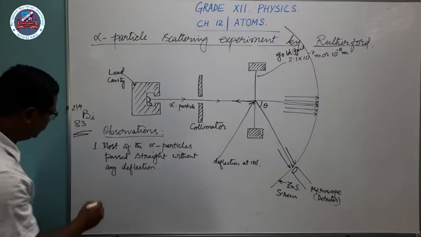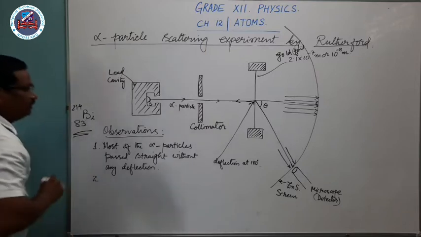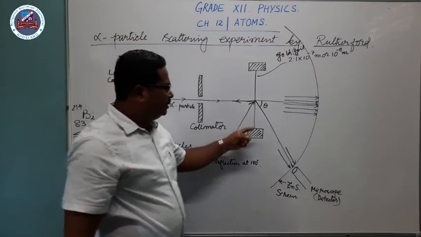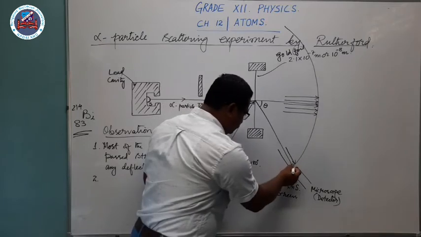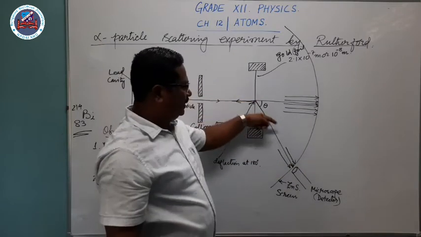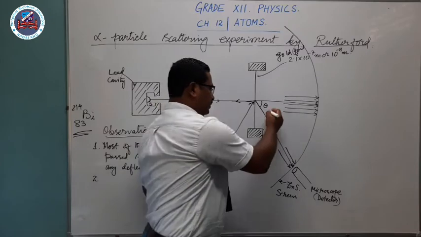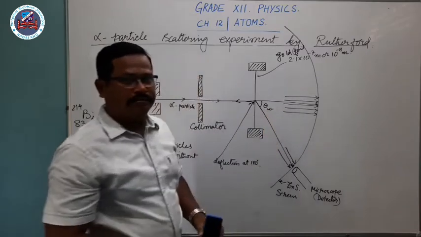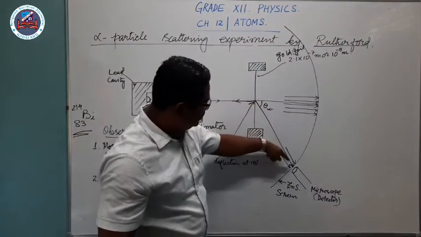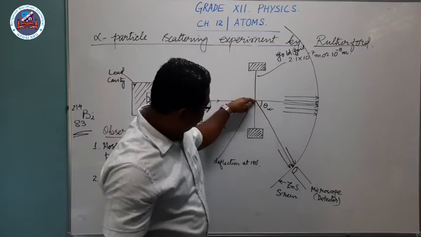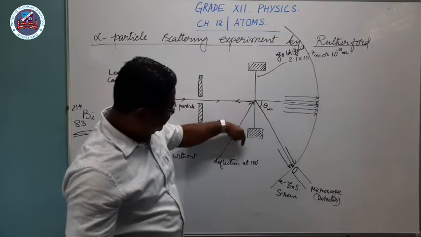Then the second point: a large number of alpha particles were deflected at different angles theta, the angle of scattering. Some were deflected like this, some were deflected this way, some like this, some this way.